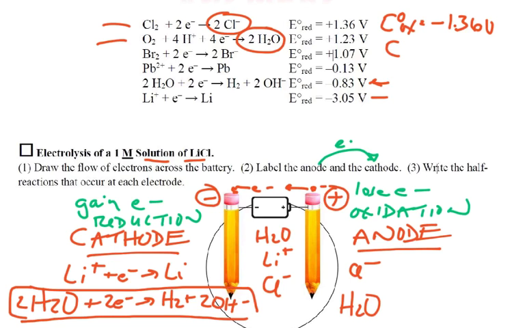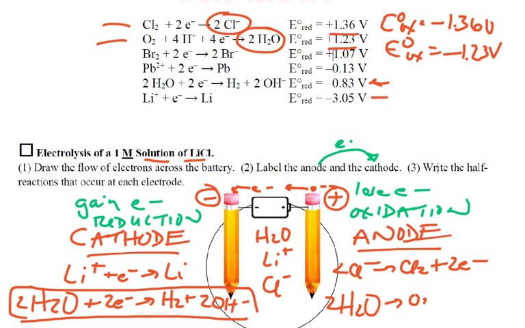And the other one would be an oxidation potential of negative 1.23 volts. So we're going to take these two numbers and just change the sign. So what are our possibilities? 2 chlorides could turn into chlorine and give off 2 electrons. And 2 waters could turn into oxygen and 4 H pluses and 4 electrons.